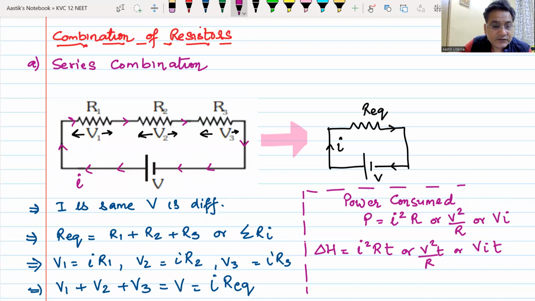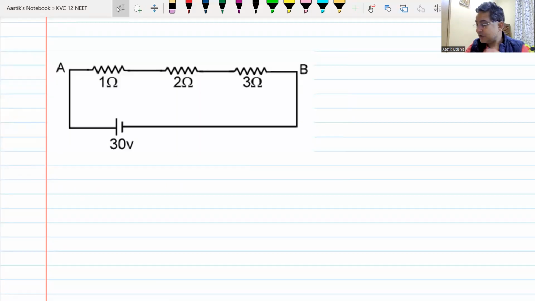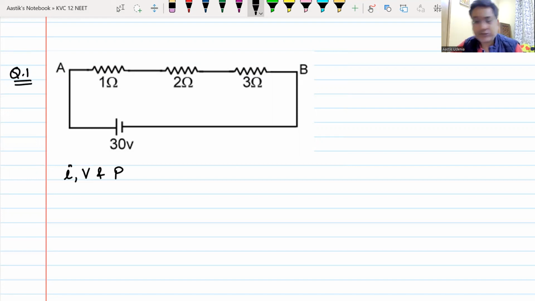And this is the first question that I am giving to you. Do it at ease. I have given you a circuit. It's a very simple circuit. There are three resistors in this circuit. Now what you have to find out? You have to find out the current in each resistor, the voltage drop across each resistor, and the power developed across each resistor.